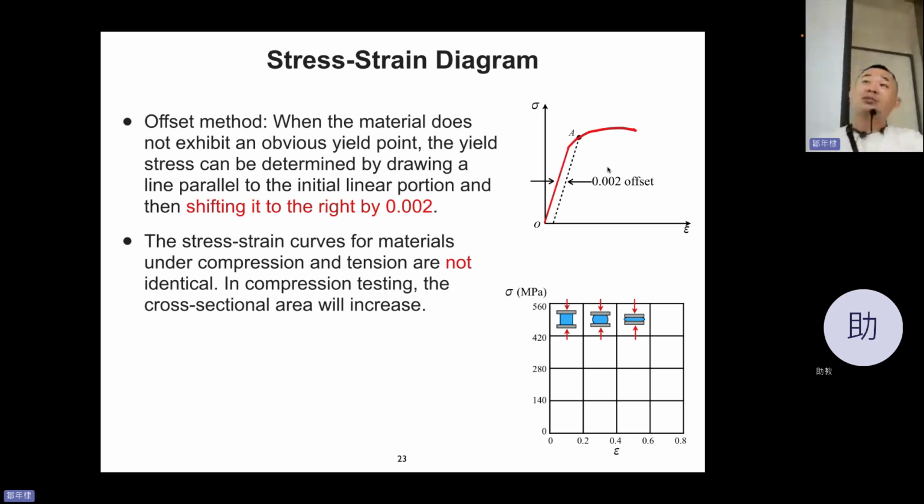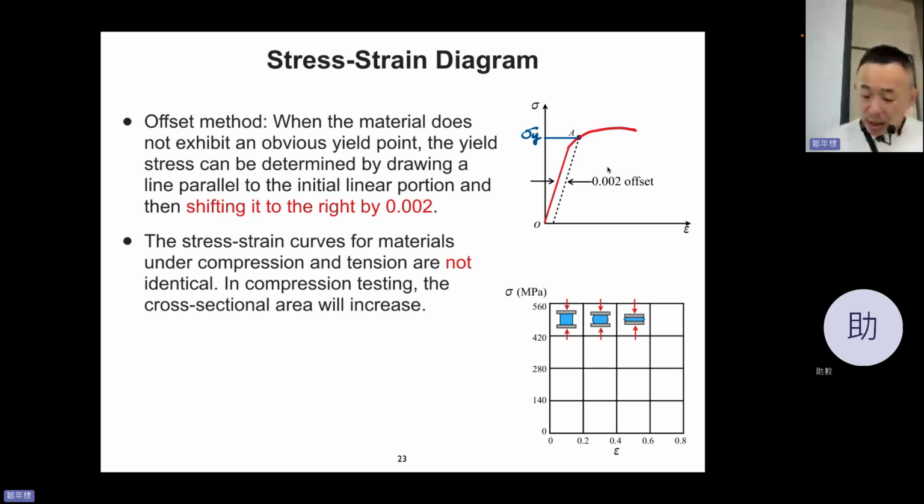I don't know why, but this is the convention, and everyone agrees with it. After you shift by the 0.002 offset, the point here we call sigma yield, the yield stress. If there is no platform, we use that.